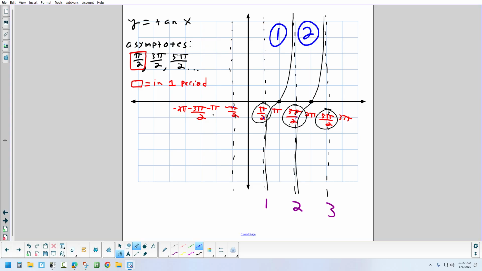So section 1 has like an armrest on the left and an armrest on the right. You can't say that both of these asymptotes belong to section 1, because then how would you say both of them belong to section 2? You just said this belongs to section 1. So the idea is there is only one asymptote per cycle. It doesn't matter how you think of it.